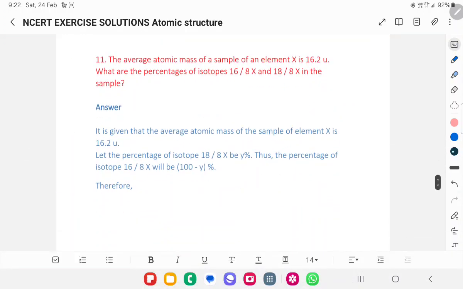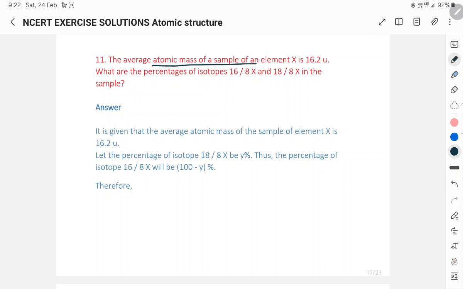Now the next question: the average atomic mass of a sample of element X is 16.2. What are the percentages of the isotopes X with mass number 16 and X with mass number 18 in the sample? It is given that the average atomic mass of the sample of element X is this.